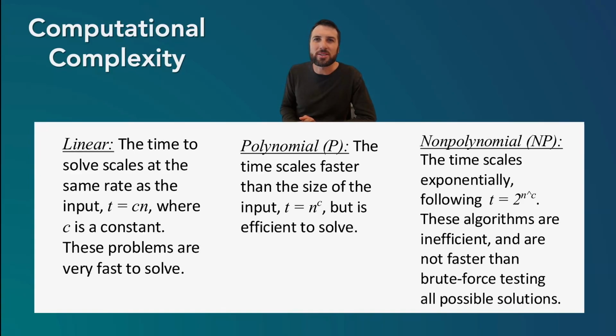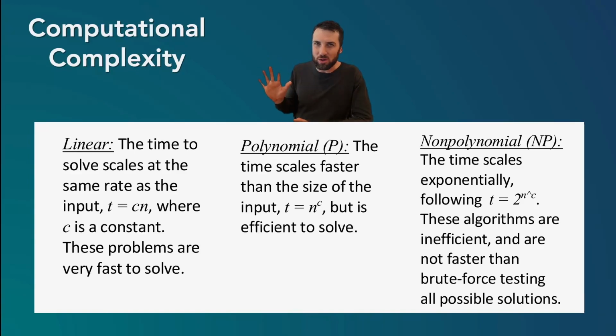Now, polynomial time is where the time steps scale faster at a given power. So the c is not a constant that's multiplied, but basically t equals n, the input size, raised to this constant c. And even though it grows faster, it's still efficient in that it doesn't grow exponentially.